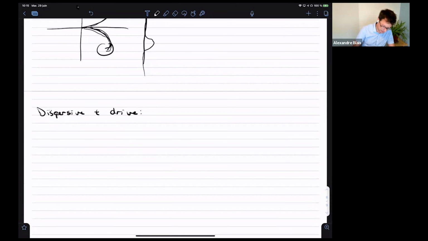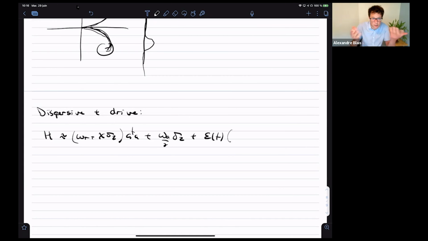That's an approximation, of course, because this is a dispersive approximation. I've got this dispersive coupling, plus the qubit, plus, you remember, some drive, which has some amplitude which is time dependent. You turn on and turn off this envelope.